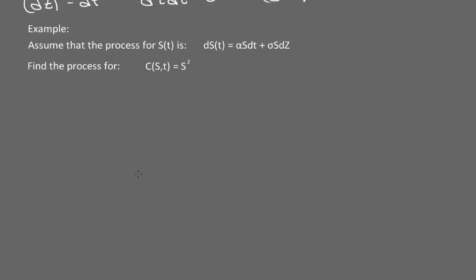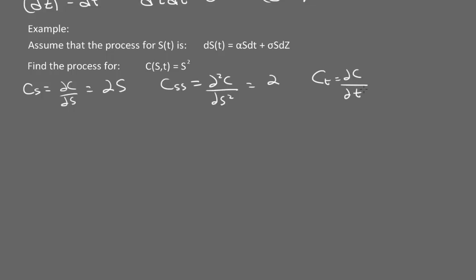Suppose again we have a process for our stock price, which is a geometric Brownian motion, and we're asked to find the process for S squared. Well, we'll first find Cs, which is dC/dS. That is equal to 2S. And then we'll find Css, which is our second derivative with respect to S, and that is equal to 2. And then Ct, which is our derivative with respect to time, is 0.